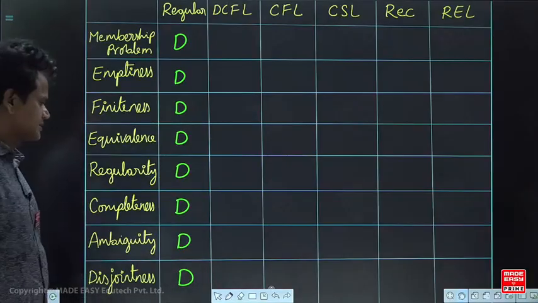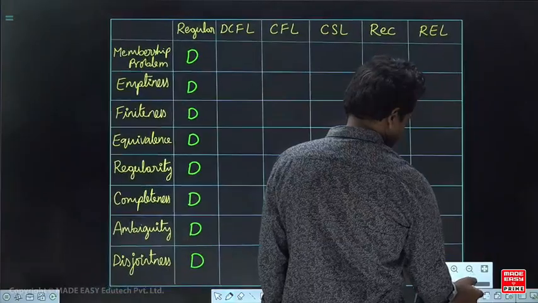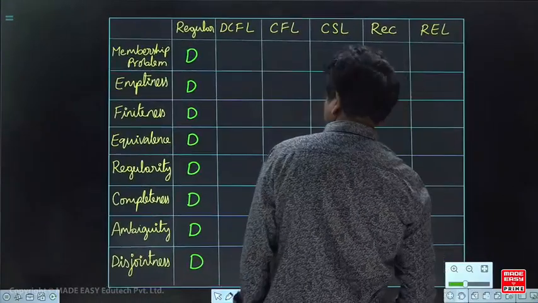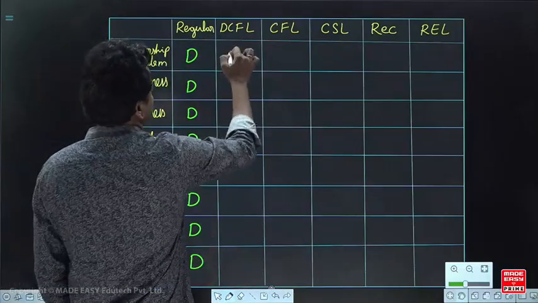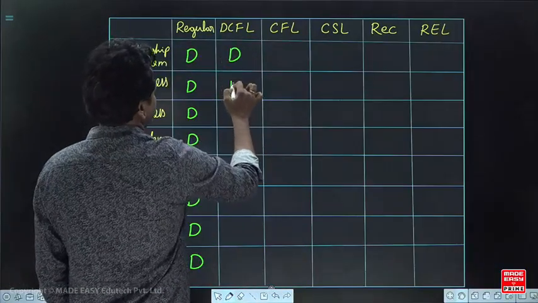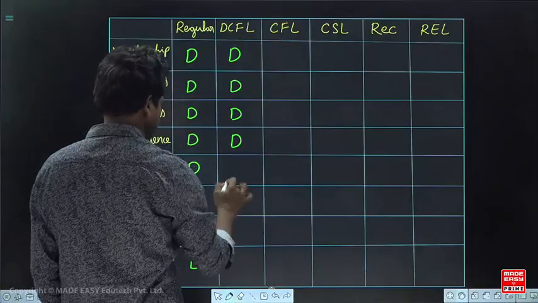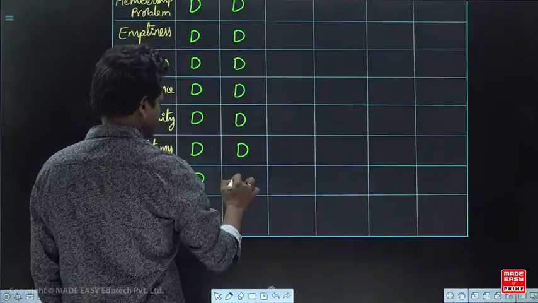Okay, now guys, listen. DCFLs are also decidable under every problem except the last one, disjointness.